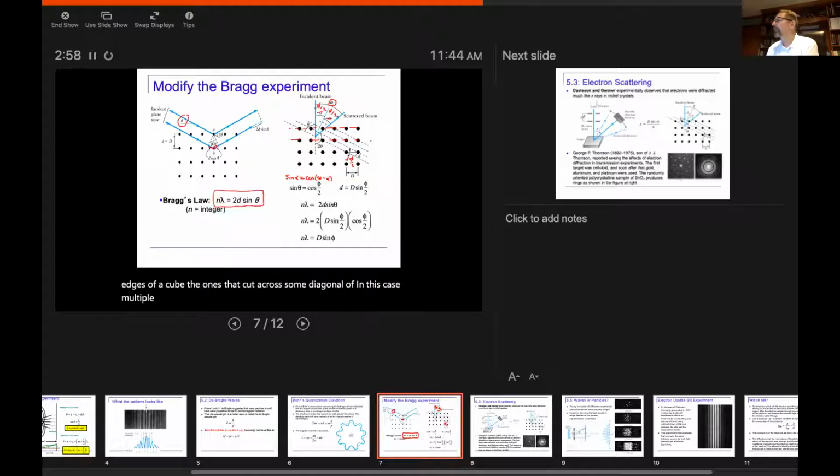If I want to figure out the distance between these dashed planes that were already drawn in black, I think this angle, alpha, which is actually the same as phi over 2, the incident and the exiting angle, shows up right there. So I've scratched out alpha and written phi over 2.